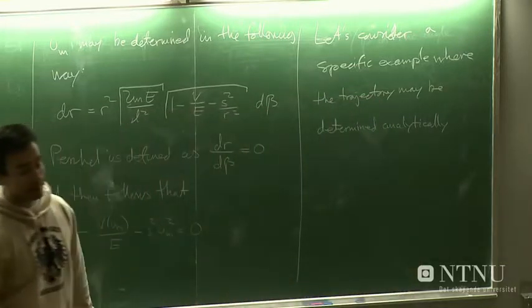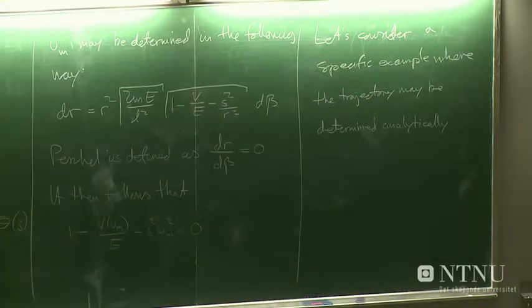So let's now consider a specific example where the trajectory may be determined analytically, which allows us to determine the scattering angle and thus the differential cross-section.